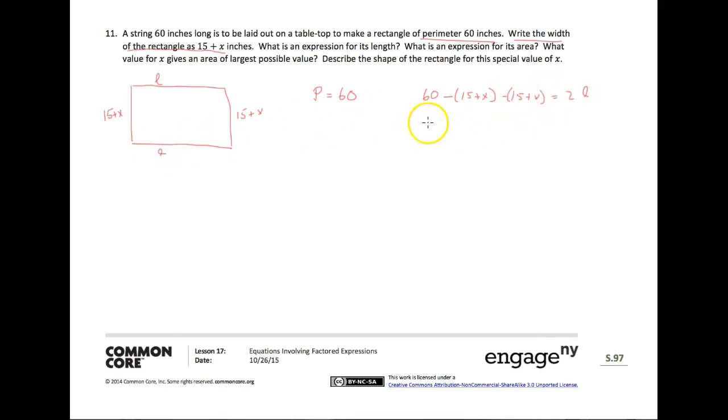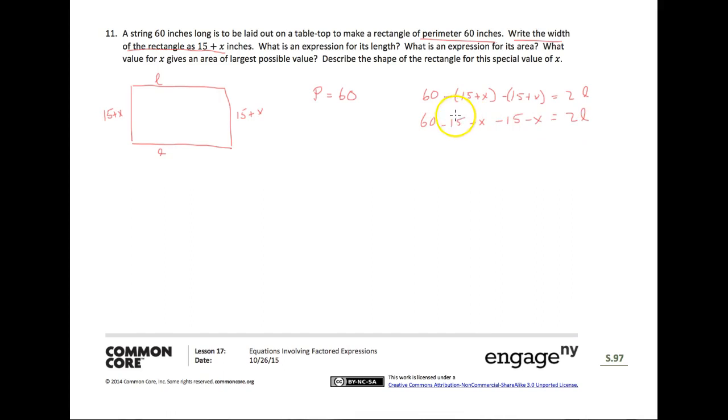Let's see what happens. 60 minus 15 plus x, minus x, since it distributes that negative all the way through, right? And then we're going to get, what are we going to get? I think this is going to be a bad disaster. Let me see. Then minus 15 minus x equals 2L.